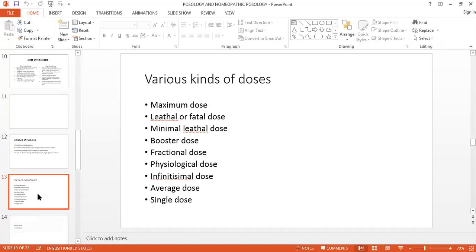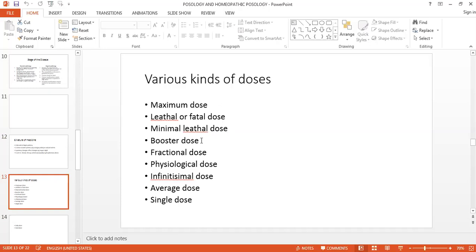Then we have seen the different kinds of doses, but among these we are using the infinitesimal small dose, because every dose has disadvantages, or has more disadvantages as compared to advantages. Hence it is better, instead of giving the maximum dose, which causes unnecessary aggravation in the secondary manifestation, the lethal dose or the minimum lethal dose, they are very much dangerous to the patient.